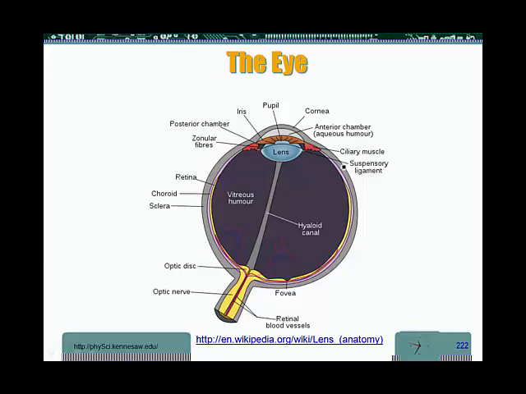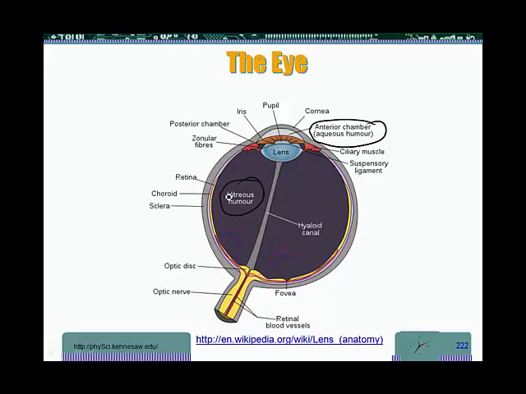One thing I want to point out, though, there are two liquids inside the eye, one in what's called the anterior chamber, the aqueous humor, and then the other one is what we call the vitreous humor, and that's inside.